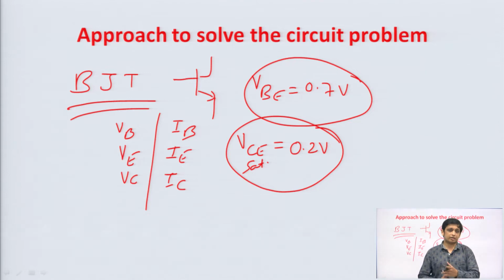It means that if your collector voltage is sufficiently larger than base voltage, then of course, your collector base junction will be reverse biased, that we will see. Fine. And after calculation, if the results are not supporting the active region of the BJT, then assume now the transistor is in saturation, then again do all the calculations. This is just the procedure.